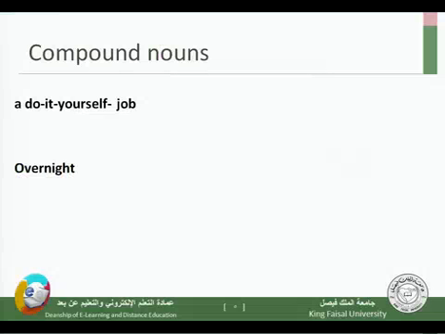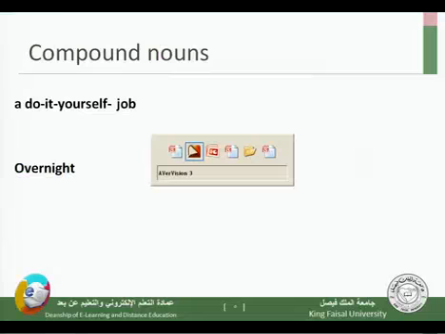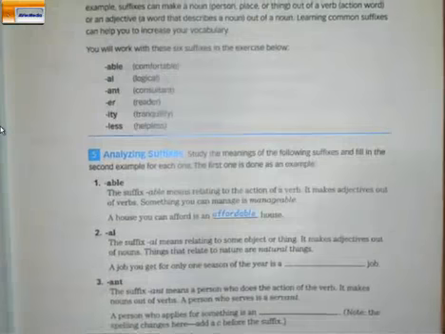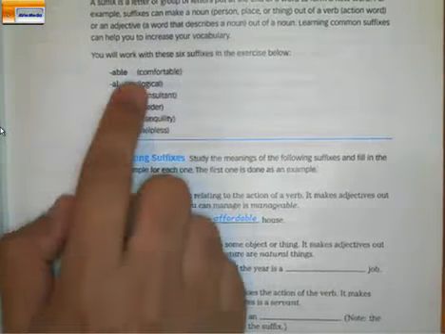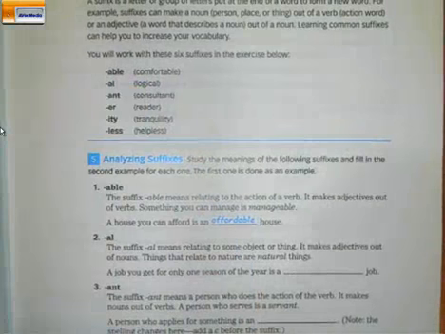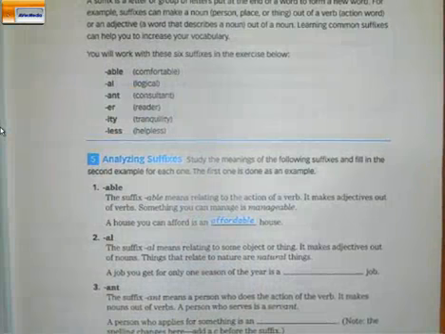We are going to the book, page 9. We have here some prefixes, some suffixes. The ones that we add to the end of the word are called suffixes, the ones that are added to the beginning of the words are called prefixes.